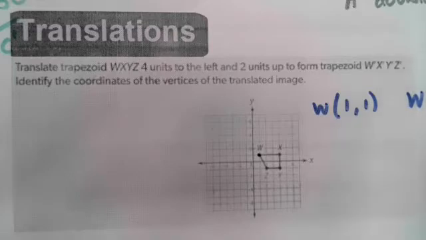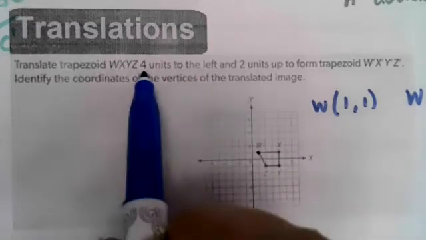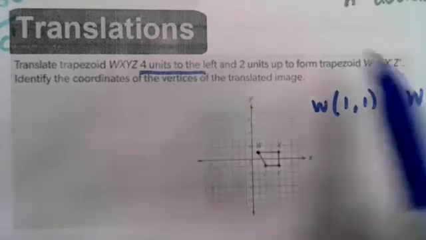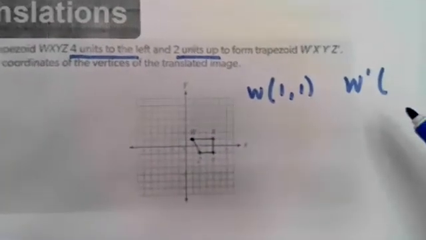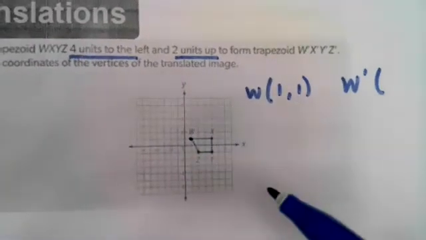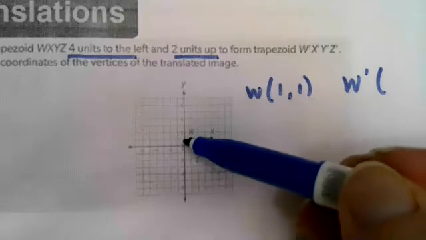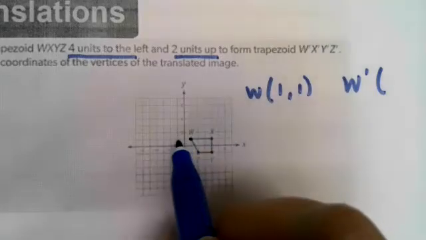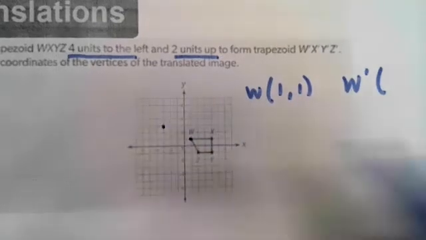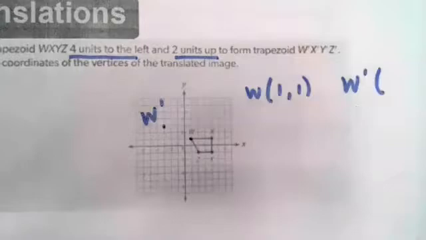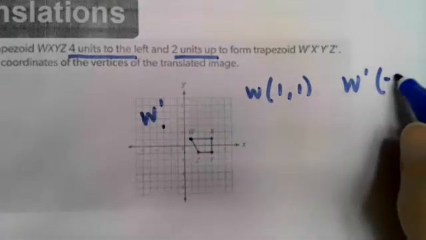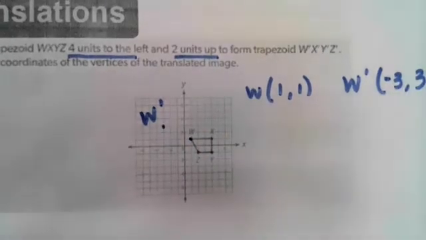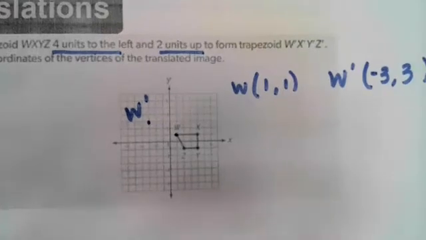So for my point W prime, I'm going to go 4 units to the left and 2 units up to form a new figure. On my graph, I count 4 to the left and 2 up: 1, 2, 3, 4, 1, 2. So here is my W prime, which has the coordinate -3, 3.